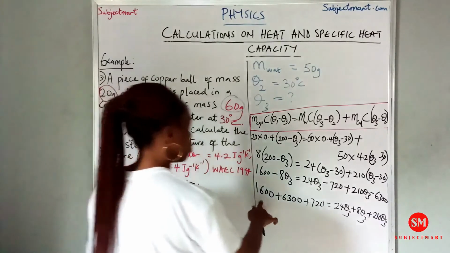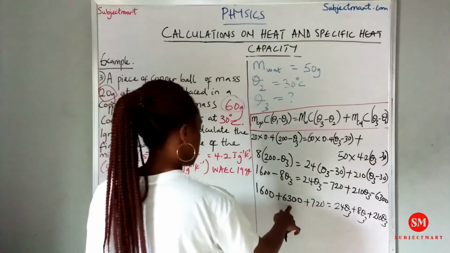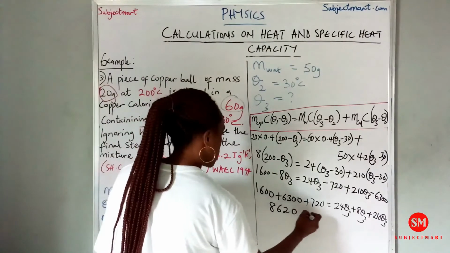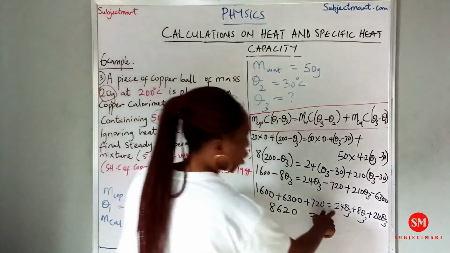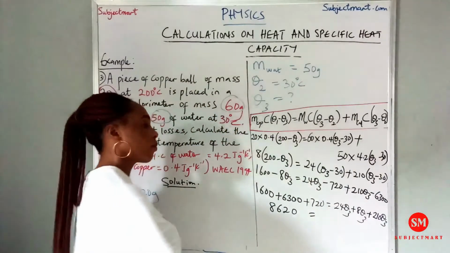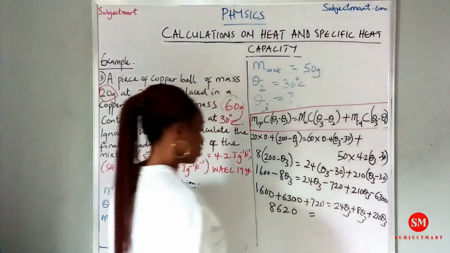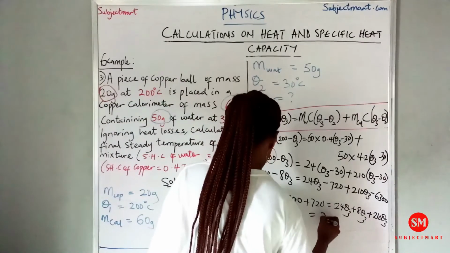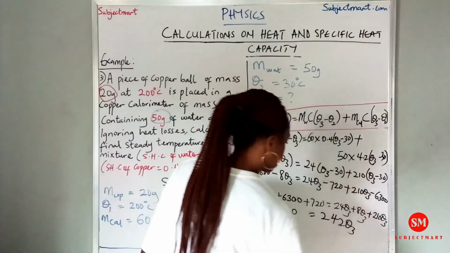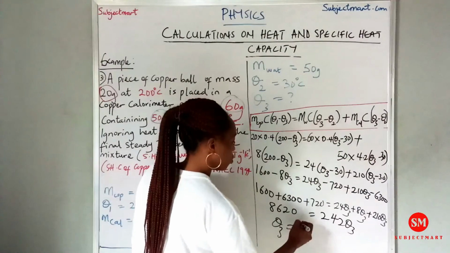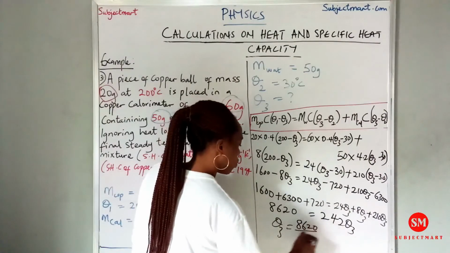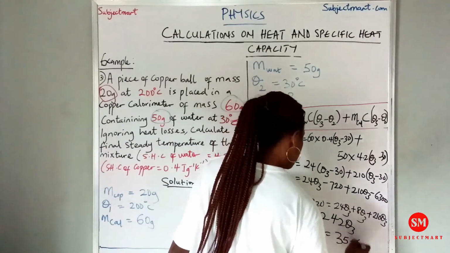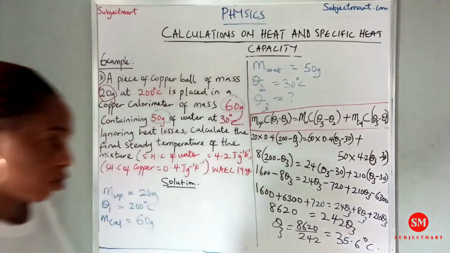So addition of 1600 plus 6300 plus 720 will give me 8620. 24 theta 3 plus 8 theta 3 plus 210 theta 3 is equals to 242 theta 3. So theta 3 now is equals to 8620 over 242, and that's equals to 35.6 degrees centigrade.